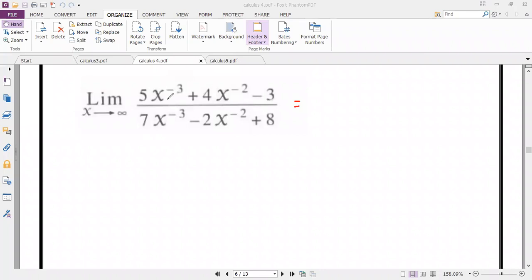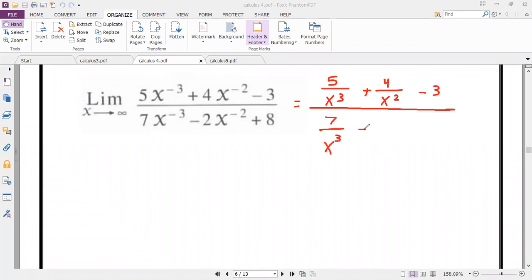So we have 5x to the power of negative 3. We can write it as 5 over x to the power of 3, plus 4x to the power of negative 2, which we can write as 4 over x to the power of 2, minus 3, divided by, at the bottom, 7x to the power of negative 3, which we can write as 7 over x to the power of 3, minus 2x to the power of negative 2, which is 2 over x to the power of 2, then plus 8.